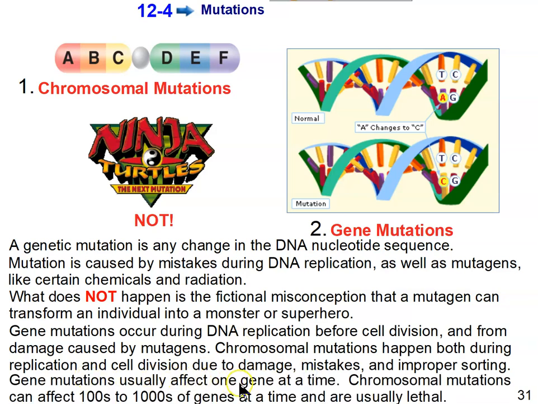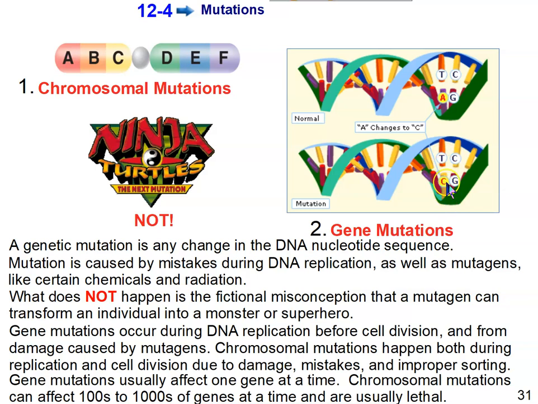Gene mutations usually affect one gene at a time. So, for example, just changing one nucleotide is only going to happen in one gene. Genes can be thousands of nucleotides long, and one change in those thousands of nucleotides may or may not make a difference.